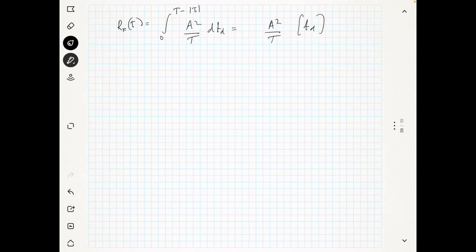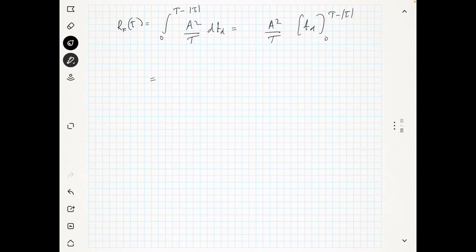So you can integrate this dtd. If you are integrating this, Rx of tau will be equal to the integral from 0 to T minus tau of A square by T dtd, which is equal to A square by T into td, and td changes from 0 to T minus tau maximum.